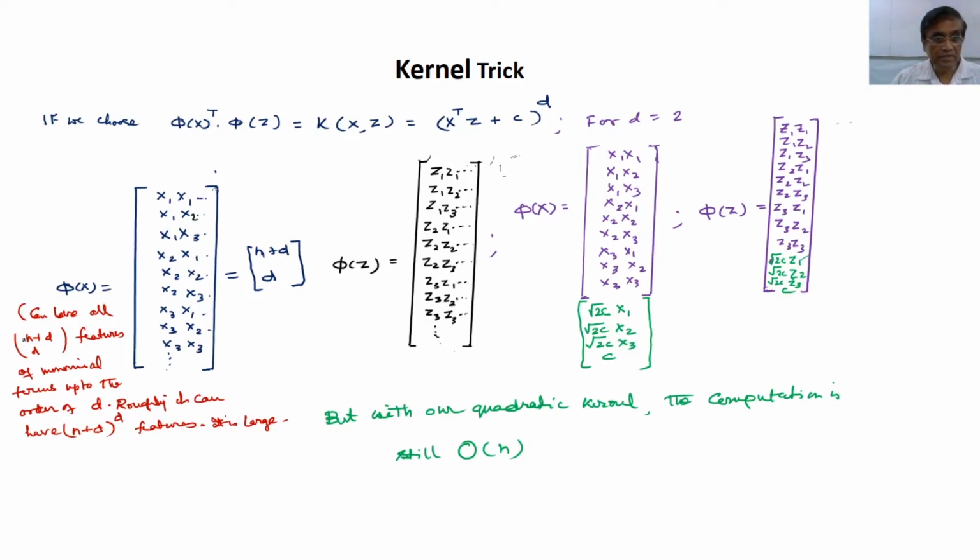You can see that all n plus d features of monomial terms up to the order of d, roughly n plus d to the power d features, which is huge. But with our quadratic kernel, the computation will still be of order n.